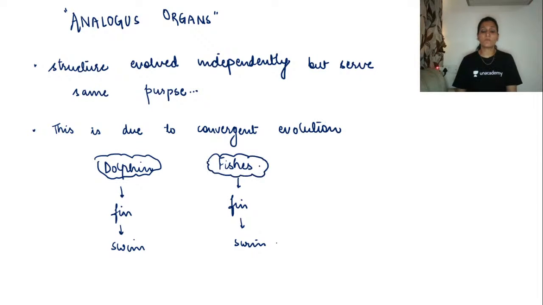Dolphin belongs to mammals. Fishes belong to the fishes category. So dolphins and fishes are different in their origin, different in their characters, but because of the need of the environment, they are showing similar characters or similar functions. Example of analogous organs.